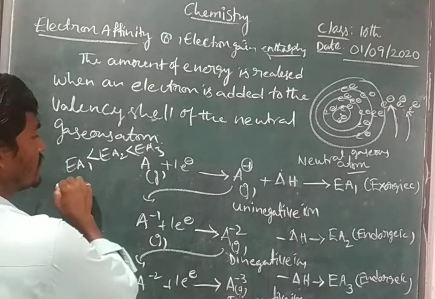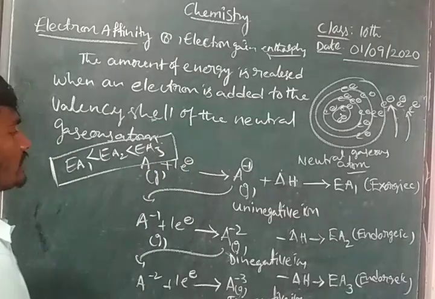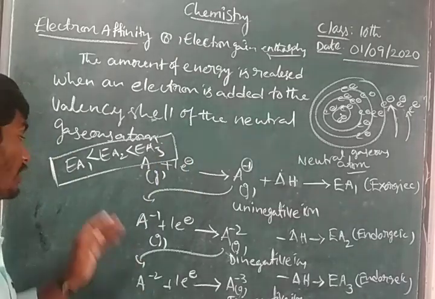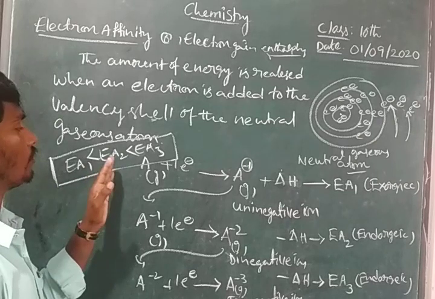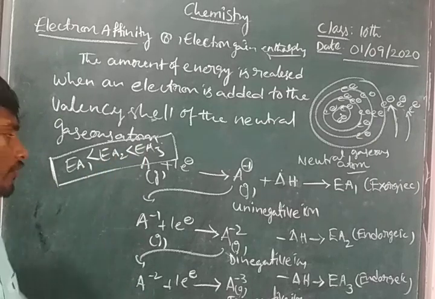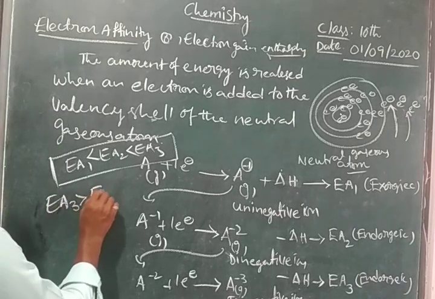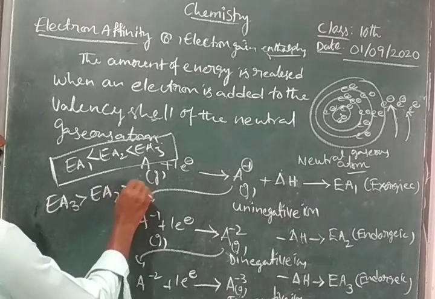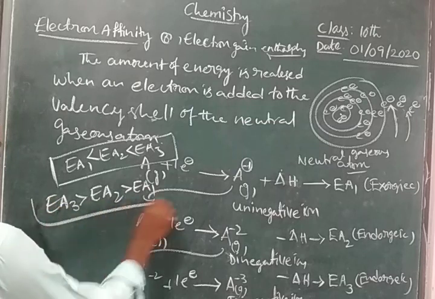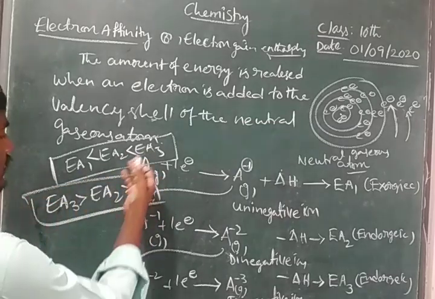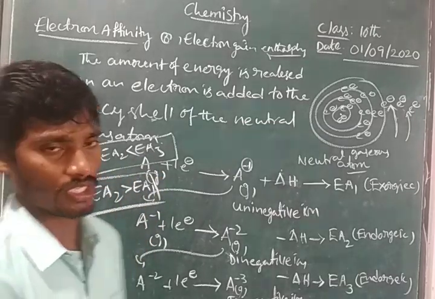The order is EA1 less than EA2, EA2 less than EA3, or EA3 greater than EA2 greater than EA1. Right, children? Whichever way, we can write it.